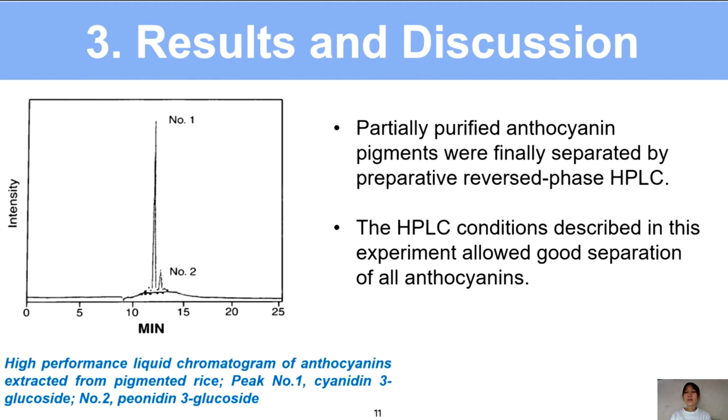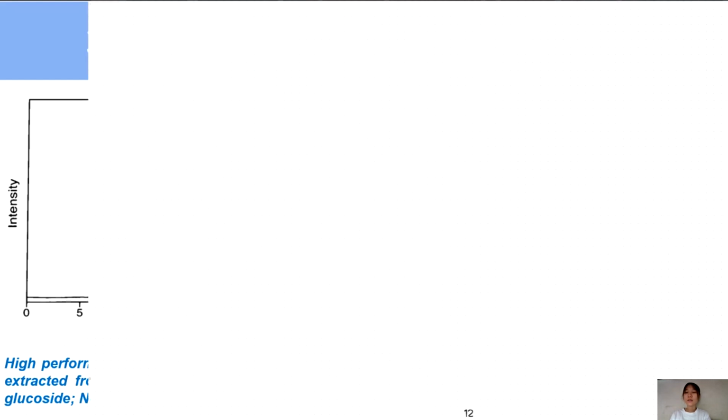Partially purified anthocyanin pigments were finally separated by preparative reverse phase HPLC, and the HPLC condition described in this experiment allowed good separation of all anthocyanins as shown in this figure. This figure illustrates the high-performance liquid chromatogram of anthocyanins extracted from black rice, including 2 peaks, cyanidin-3-glucoside and peonidin-3-glucoside.